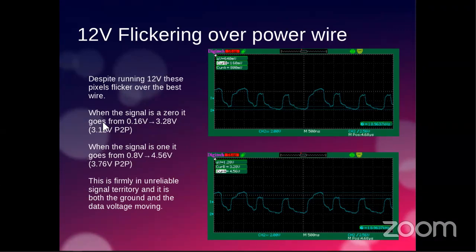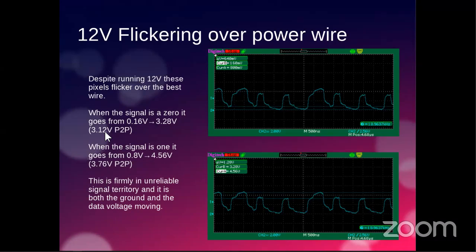And so when the signal is 0, the peak-to-peak voltage here is 3.12 volts, which means you're seeing this significant voltage change. Where it's 1, it goes to 0.8 volts, which is 3.76 volts peak-to-peak, right? So this 3.12 volts, particularly if it's receiving 5 volts. And the thing about 12-volt pixels is the VDD with 12-volt pixels is generally going to be closer to 5 volts.